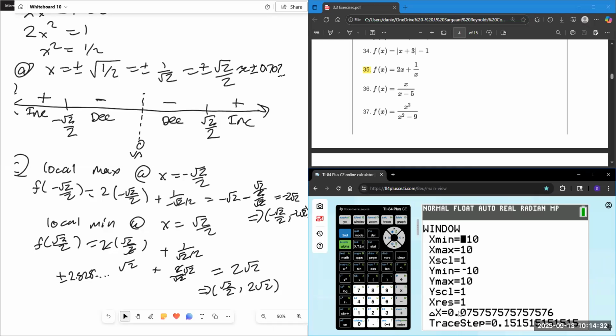But if you make this number smaller for delta X, you're going to get much better answers for your minimum and maximum points and things like that.